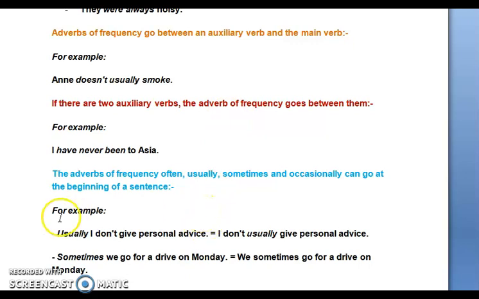For example, usually I don't give personal advice. عادة أنا ما بعطي نصائح شخصية. I don't usually give personal advice. أنا ما بعطي عادة نصائح شخصية. So we have the same meaning.